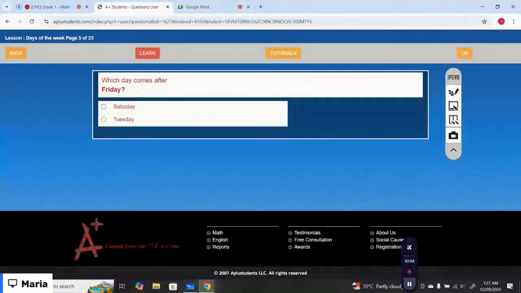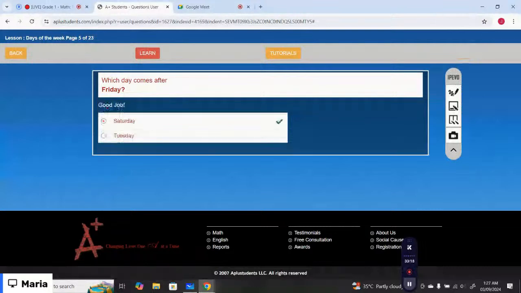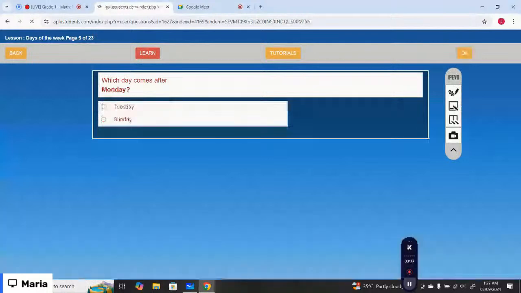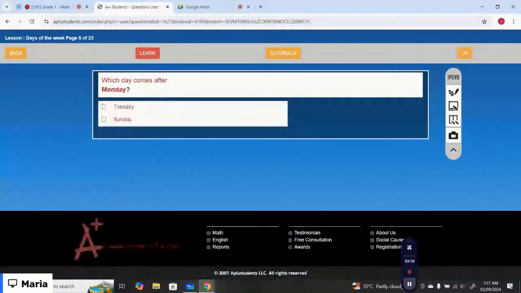Okay, which day comes after Friday? Which is the correct option? After Friday, it is Saturday. Option number one is the correct option. Which day comes after Monday?